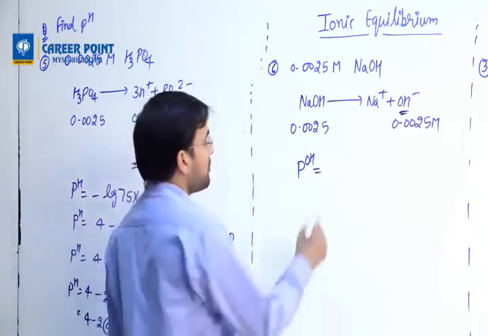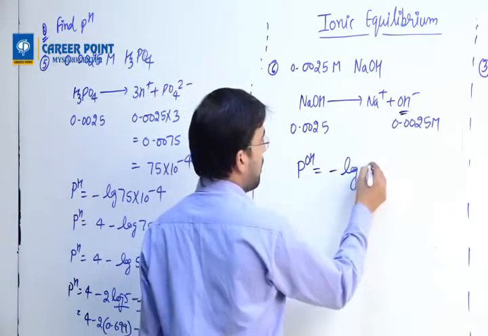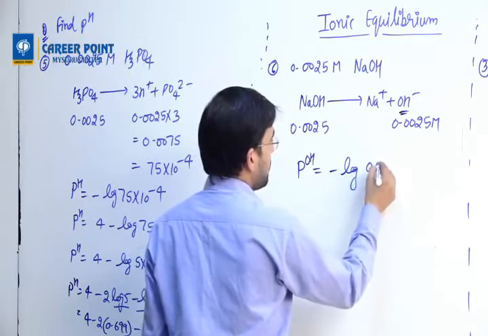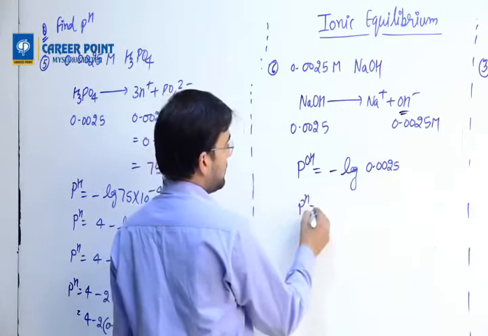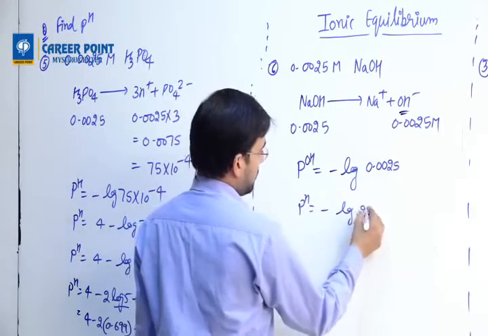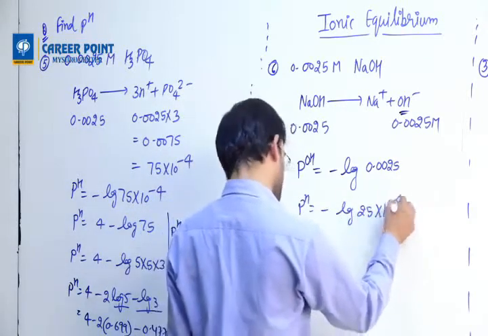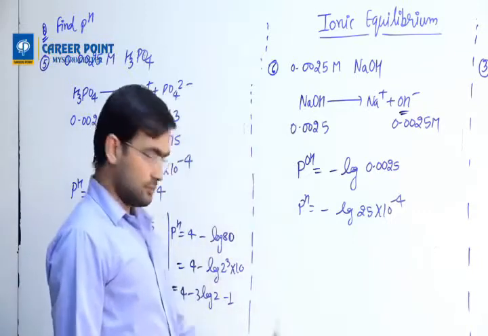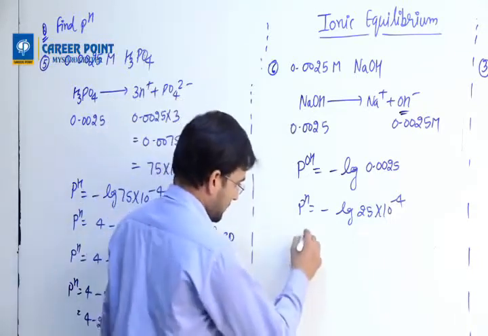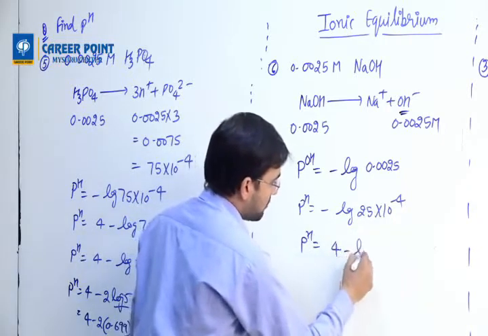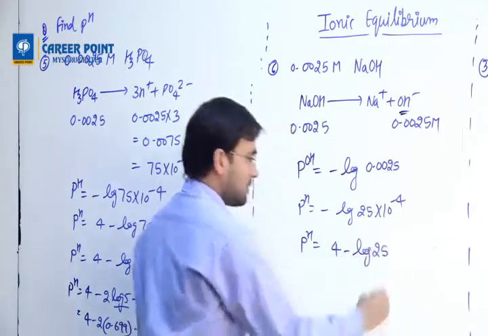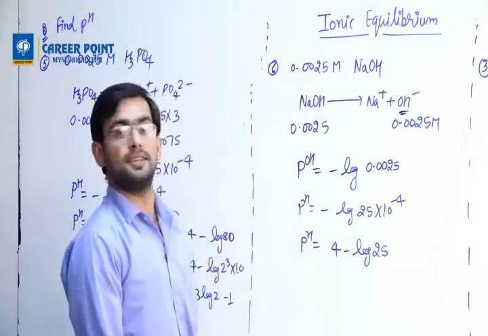Clear? So pOH equals minus of log of 0.0025. This could be written as minus of log 25 into 10 power minus 4. Right? Then pOH, both are integers, so 4 minus log 25. Easy.